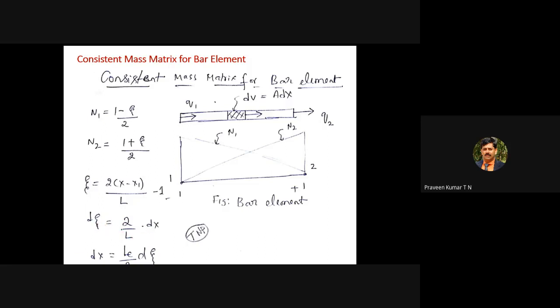Finally, we get the expression for dx. Initially, most of the integration is in the global coordinate, 0 to L. At a later stage, you have to convert the integral from 0 to L to minus 1 to plus 1. In such cases, you have to replace all the global coordinates x in terms of the local or natural coordinate xi.